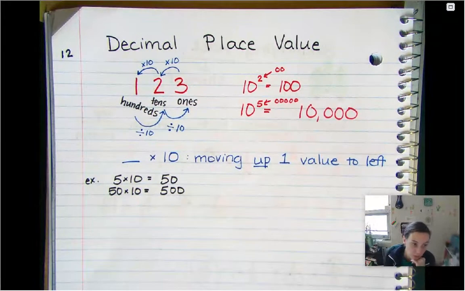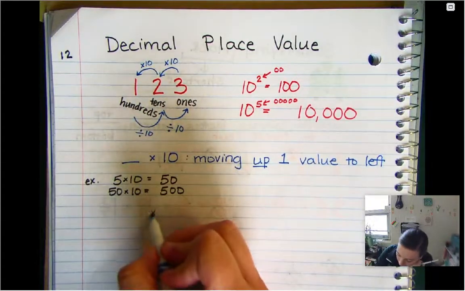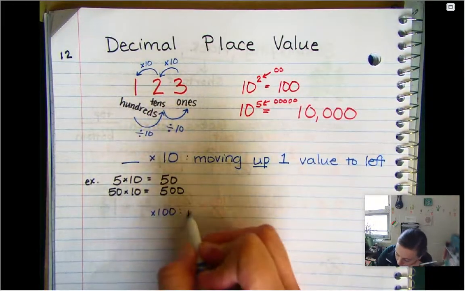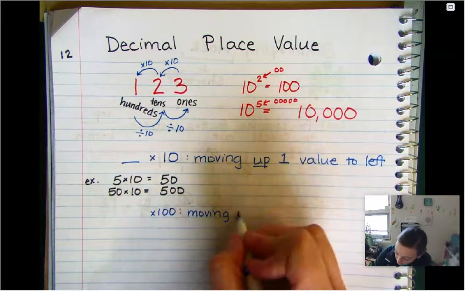You can use this to figure out, if I multiply something by 100, instead of moving up one, I'm moving up 2 places.